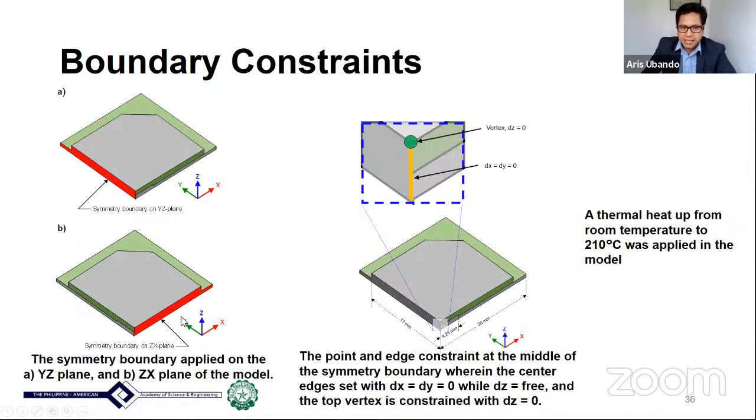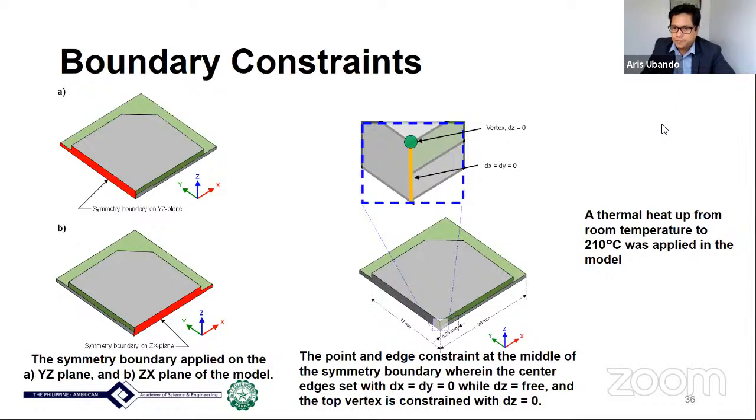As you can see at this intersection, the center of the package, we try to apply a point constraint at the top corner wherein we set dz to be equal to 0, just to fix any movement at this point, and also apply dx and dy to be equal to 0, just to fix this area, the center of the package in doing the simulation.